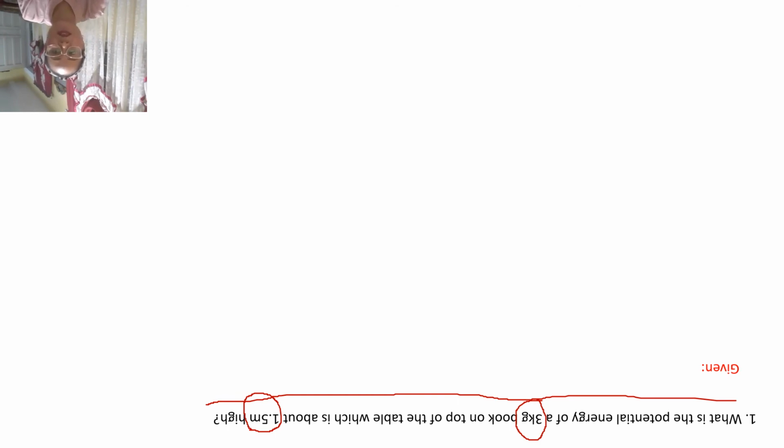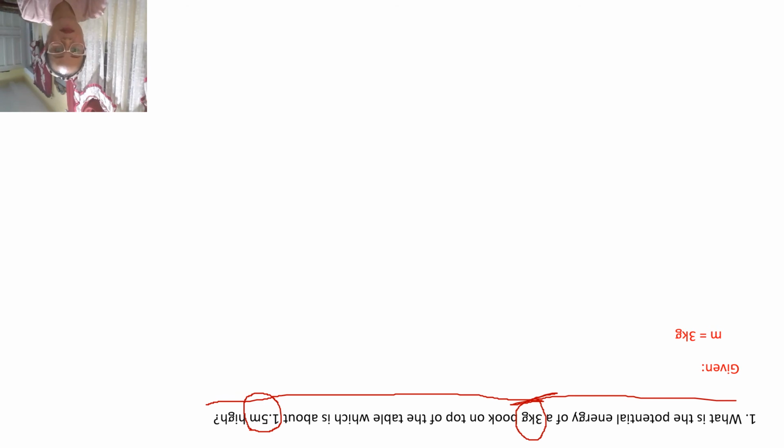First, 3 kilograms. When we say kilograms, of course this is the unit of mass. So 3 kilograms is the value of our mass. Then next is 1.5 meters.